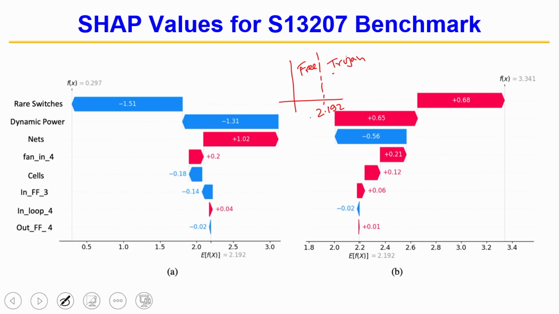Every feature is like doing a tug of war, pulling in a direction. For example, going in reverse, out of these eight features, the bottom one, output flip-flop, is pulling to the left by a very tiny margin, saying I believe it is Trojan free.